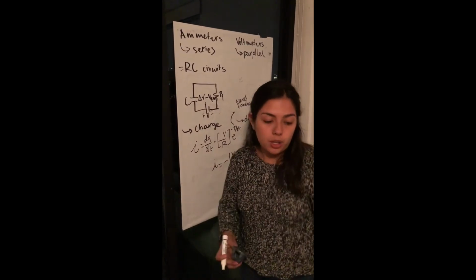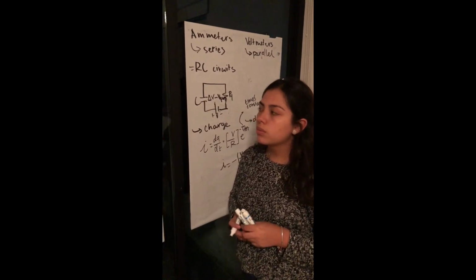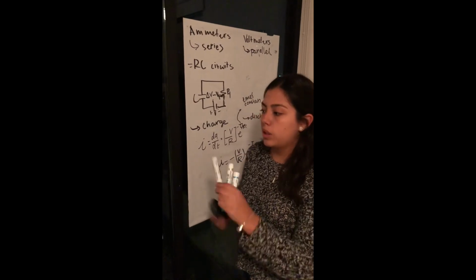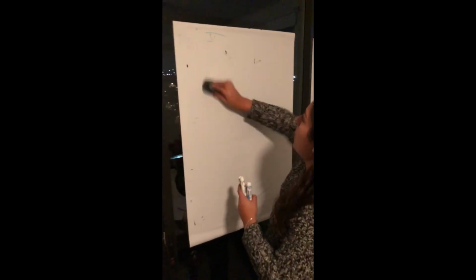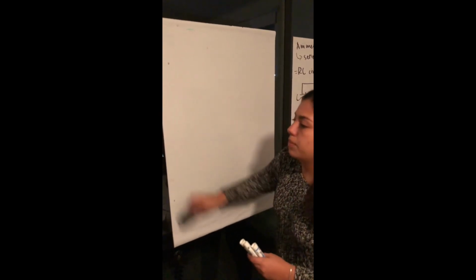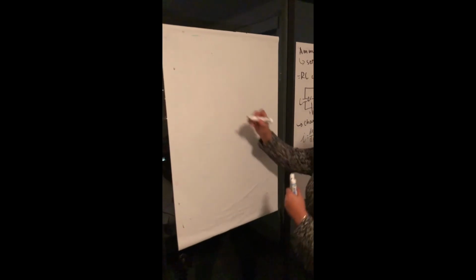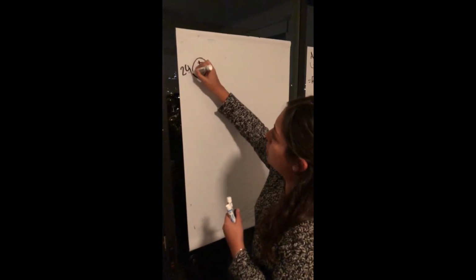Now I'm gonna do a quick problem in order for you to know what we did. I'm gonna erase this one. I'm gonna invent a problem, and I'm gonna have a voltage source here of 20 volts.